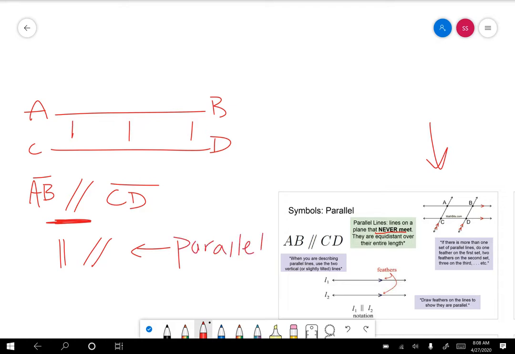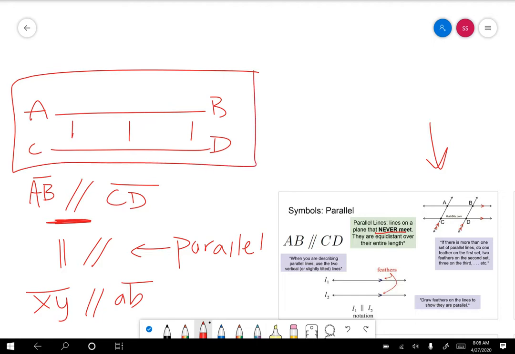So if you ever see something like XY, then the parallel symbol, then AB, that means that XY and AB are parallel. Now, another way you'll see it notated on the actual lines. So again, let's say that AB and CD are parallel right here.